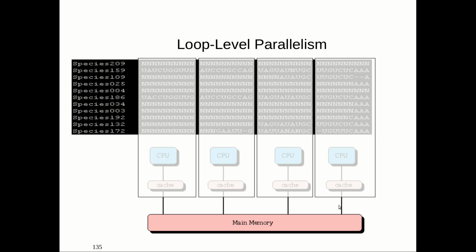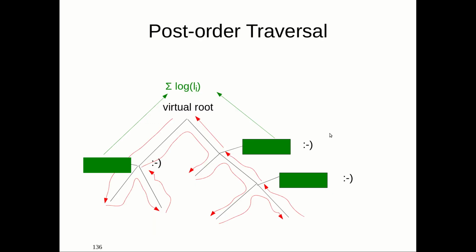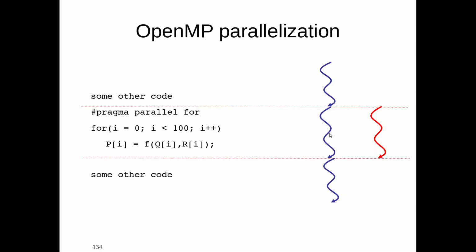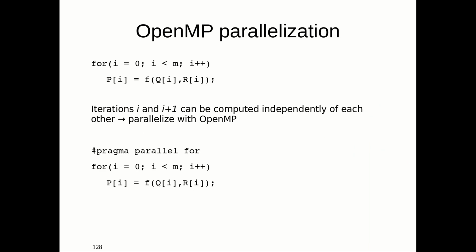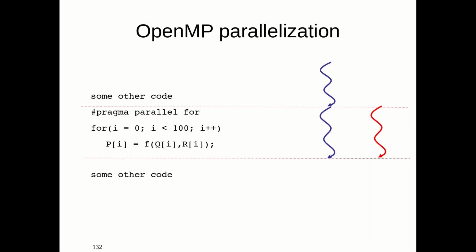Here is another way of visualizing how the data will be distributed among CPUs and also the cache memories, which we shouldn't forget when using this loop-level parallelization. In this very simple example, we still have a synchronization point after the update of every conditional likelihood vector.